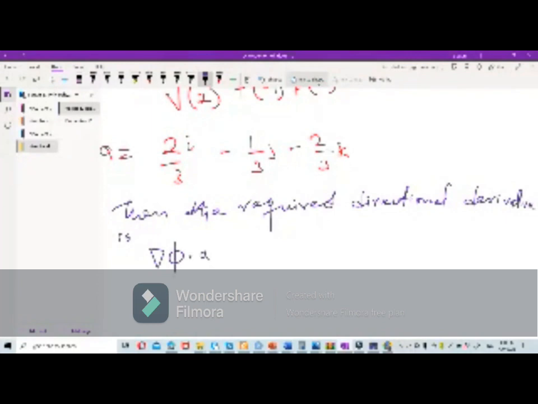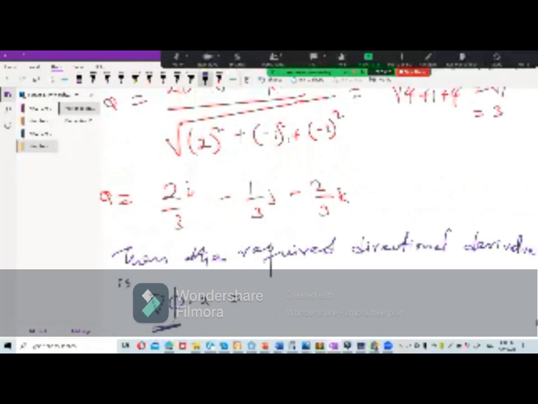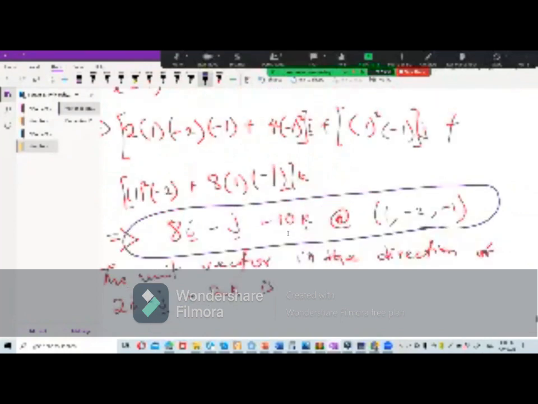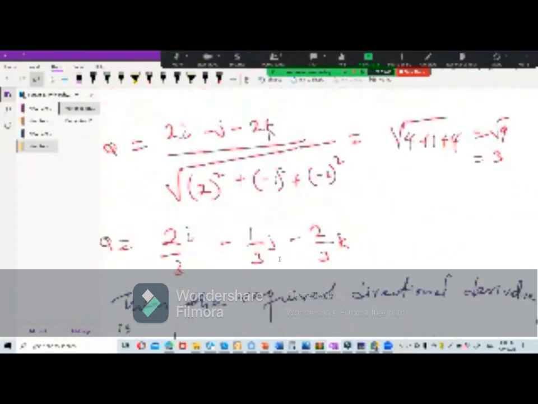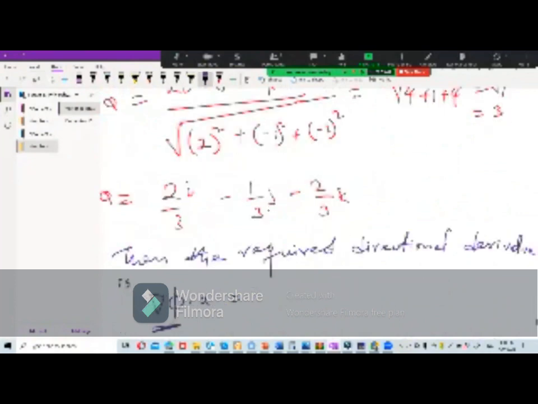Del phi dot A is the same thing as, don't forget, we've calculated this one at this particular point. So multiply by our A, which is this A. So it's going to be dot A.